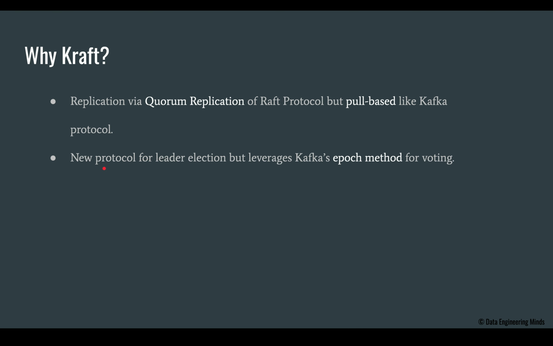And then, for electing the active controller, we introduce a new leader election process, which we discussed in the previous slide. But this leader election process uses the epoch concept for the actual voting method. Thus, we can clearly see that this new protocol is based on a mix of Raft as well as Kafka protocols, and hence we call it the Kraft protocol.